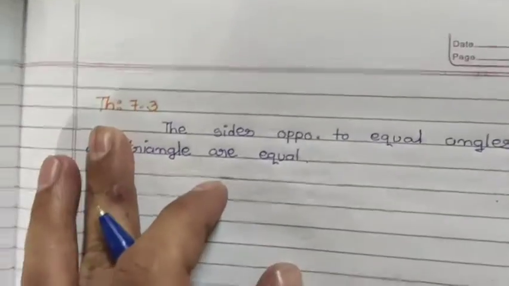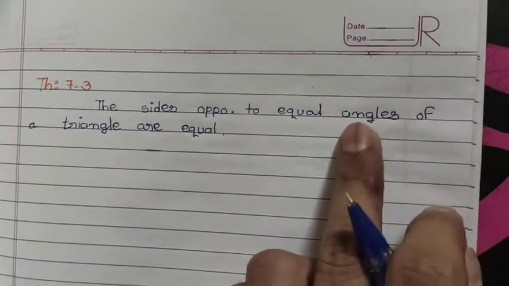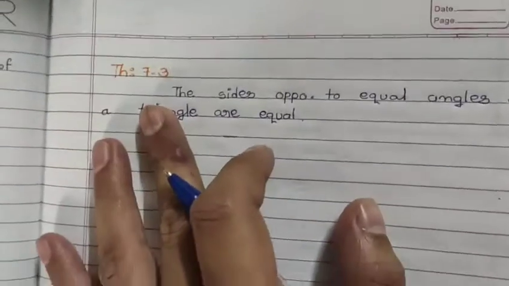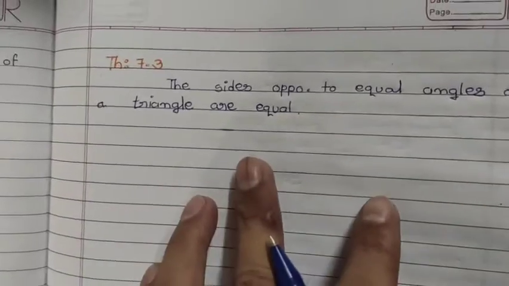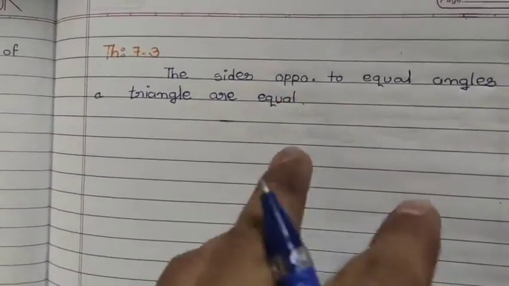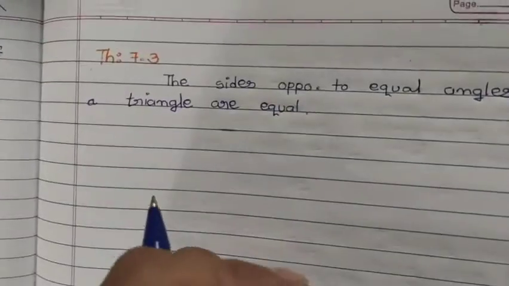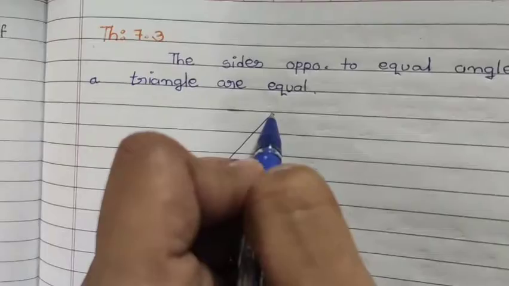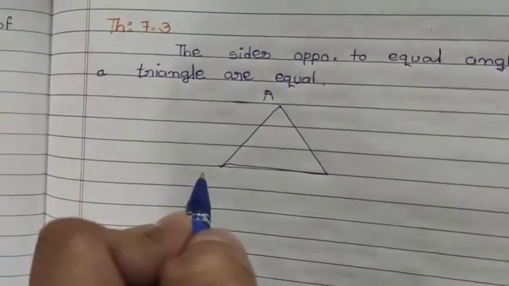Now, what is theorem 7.3? The sides opposite to equal angles of a triangle are equal. That means if two angles in a triangle are equal, then the sides opposite to those angles are also equal. If I draw the figure, here it is triangle ABC.